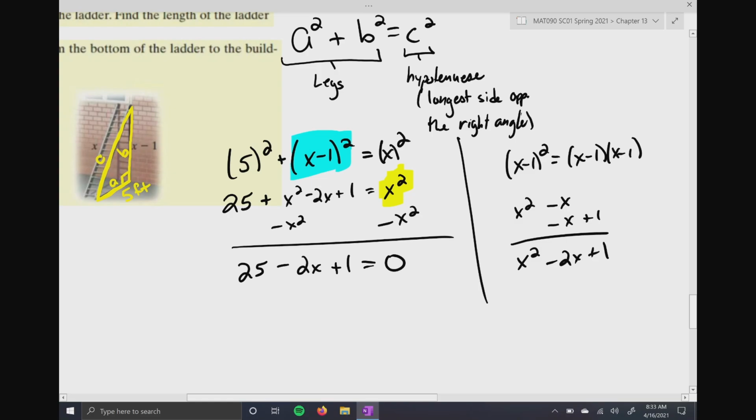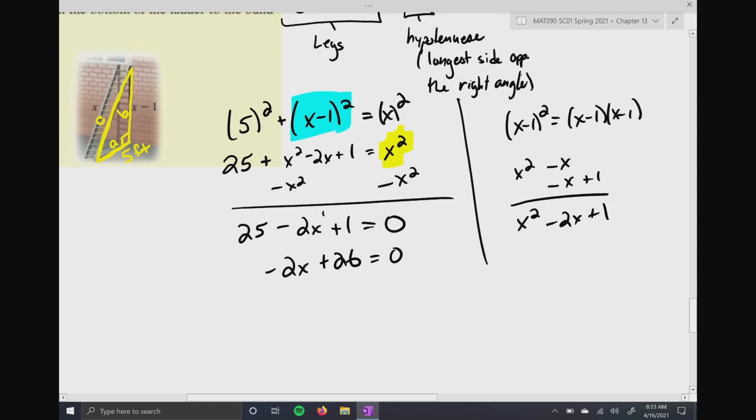So now I look on the left-hand side. That x is raised to the first power. This thing is linear. So I look on the left. Can I group any like terms? The answer is yes. 25 plus 1 is 26 equals 0. I get the variable terms on one side, constant terms on the opposite side.